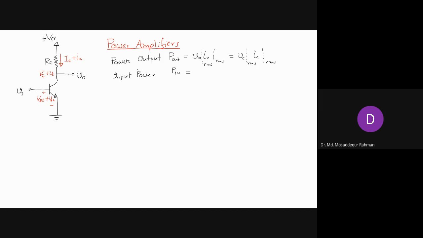Hello guys, what will be the input power? Hello, what is the input power of the amplifier?